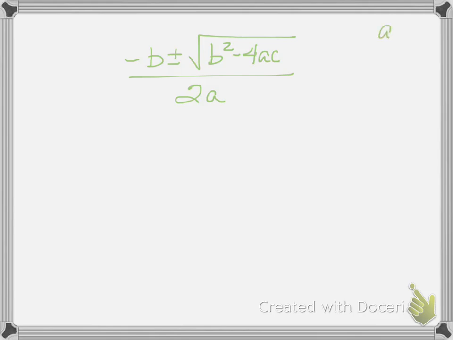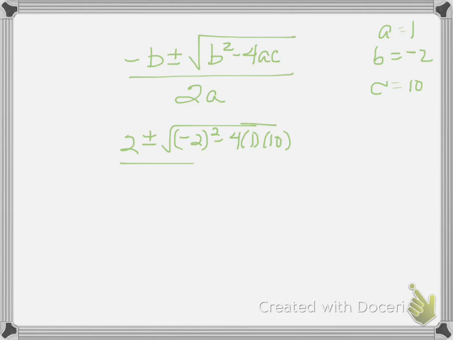So again, remember, a was 1, b was negative 2, c was 10. So that means we really start with a positive 2 plus or minus the square root of negative 2 squared minus 4 times 1 times 10, and all that is over 2 times 1.